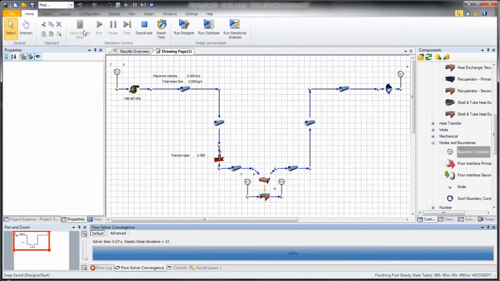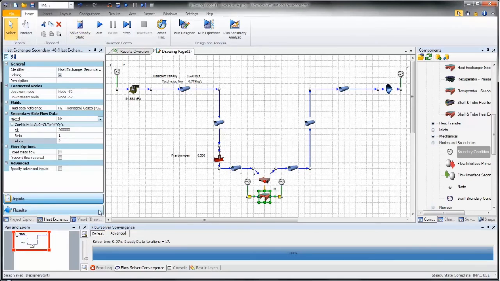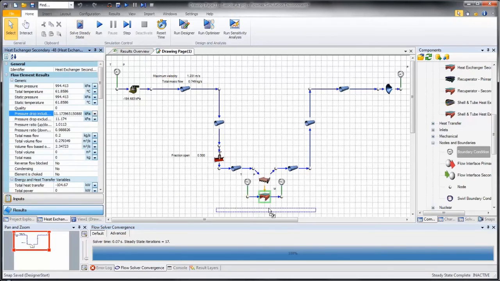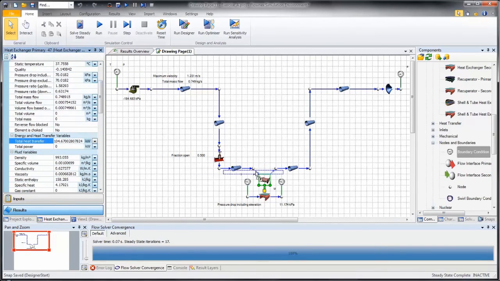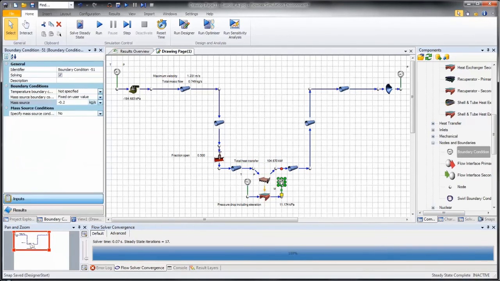Solve. Drag in the results for pressure loss and heat load. And let's try again manually a mass source of 0.15 to get closer to 100 kilowatts.